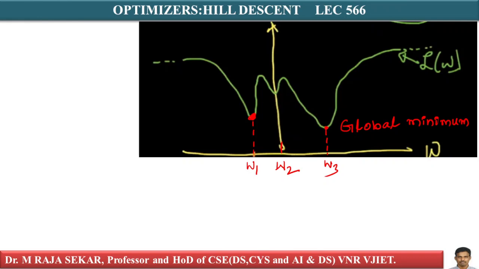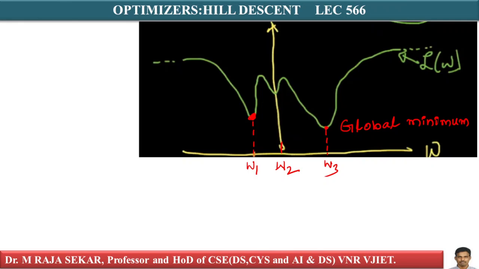The minima corresponding to W1 is called local minima because this value is minimum only compared to this particular locality. But the minima corresponding to W3 is the minimum compared to all other values in the function. Therefore, that minima corresponding to W3 is called global minima.